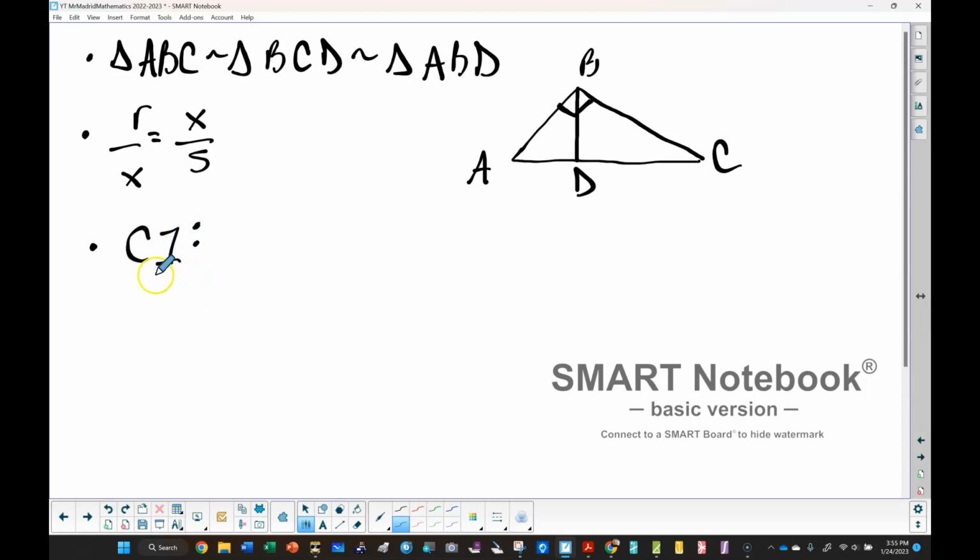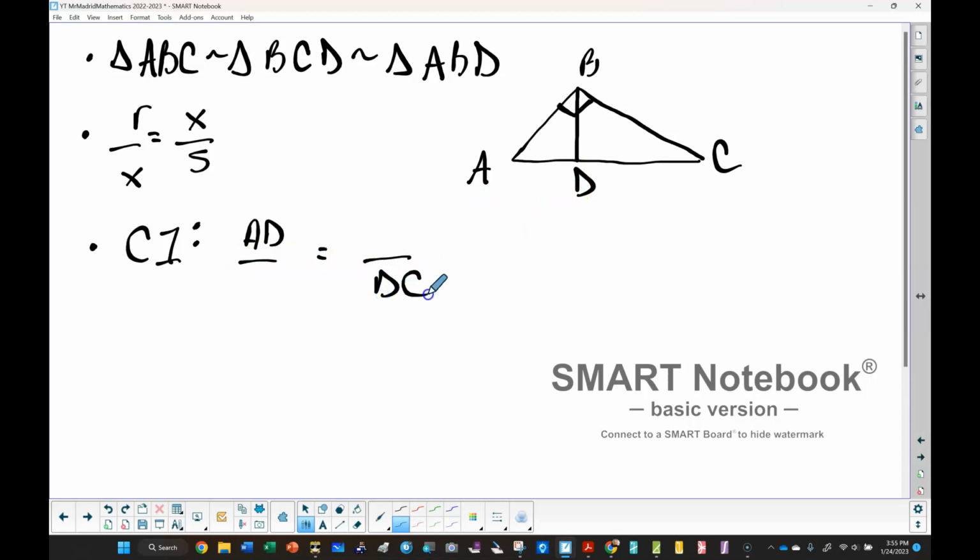When you use C1, here's what you're saying: you can take this distance and this distance. We can take AD and DC and create a geometric mean scenario.